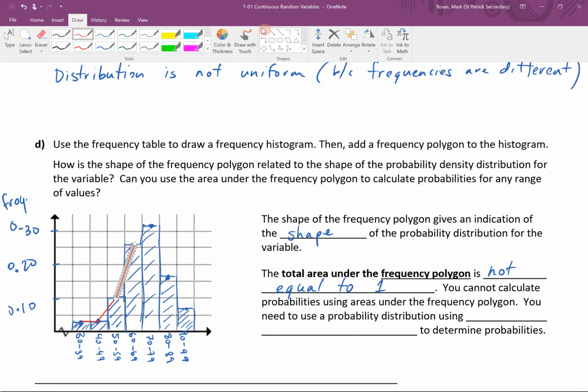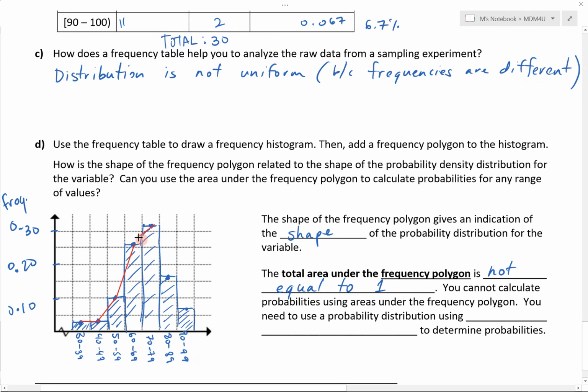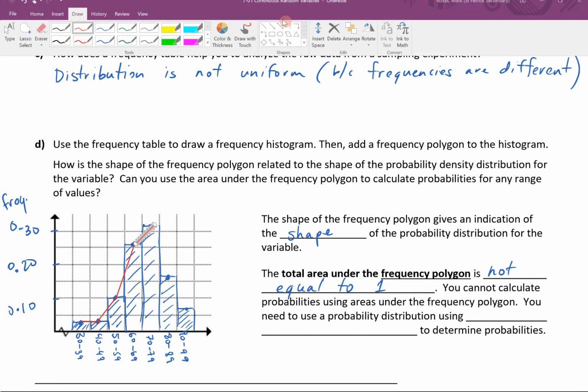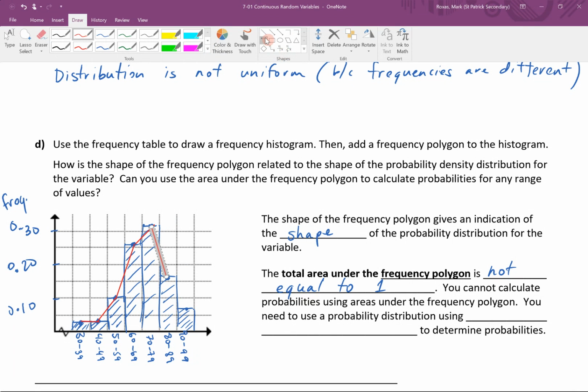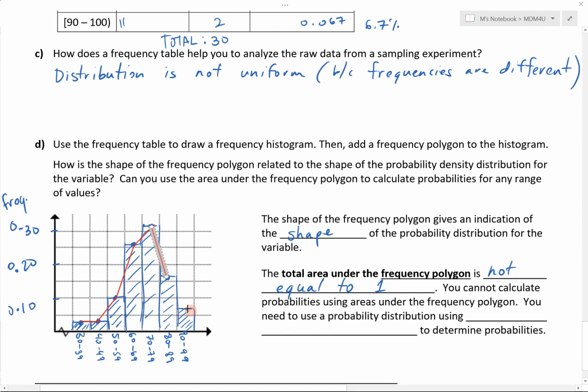And another one. So you can keep going until you reach the end. So I'm just connecting the midpoints of every interval at the value of the relative frequency. And you get this, what I see in red here is this frequency polygon.